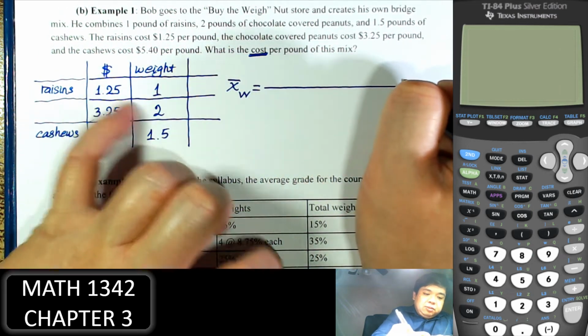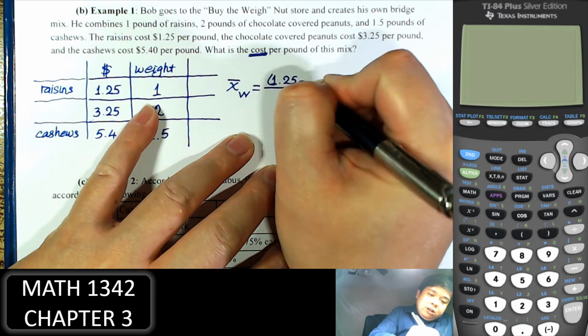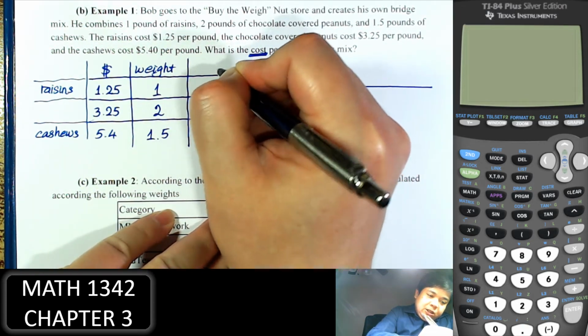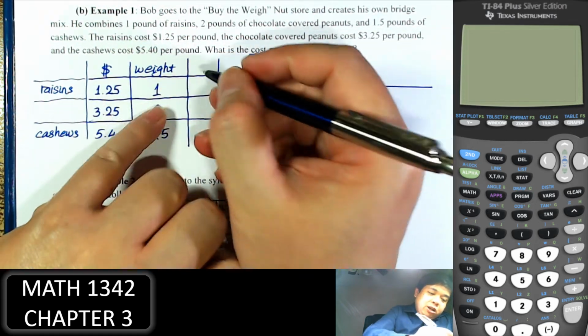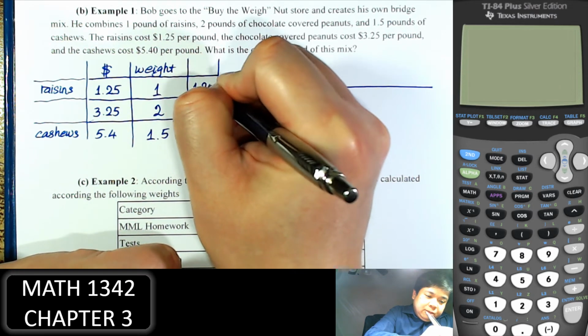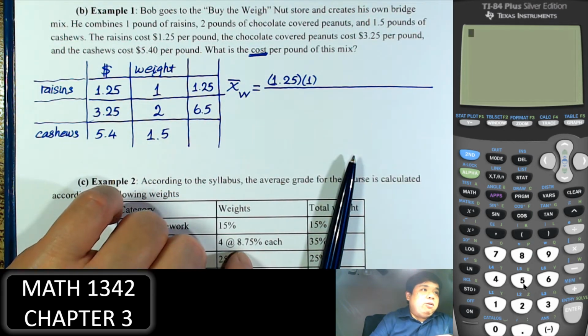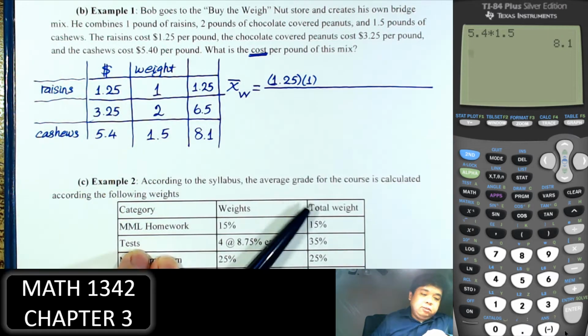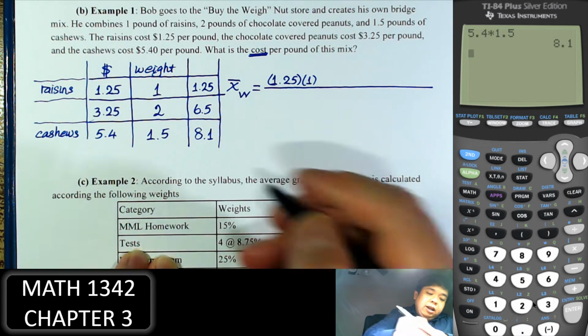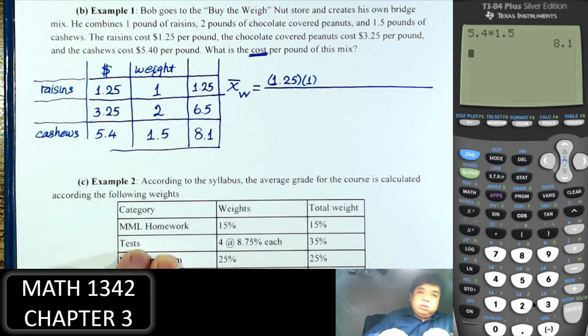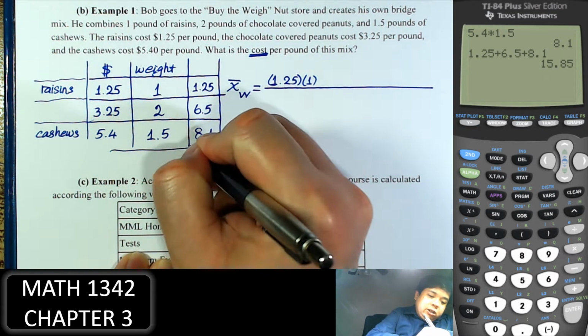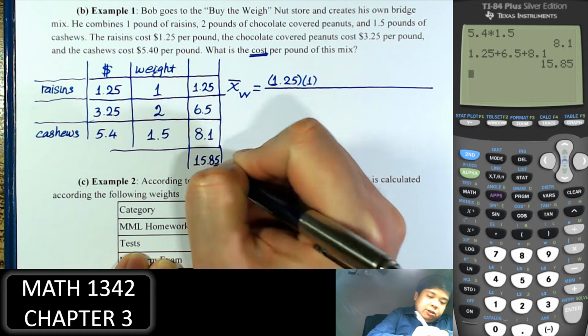So we're going to add 1.25 times 1, 3.25 times 2, and 5.4 times 1.5. We add all of that and then divide by the total weight.